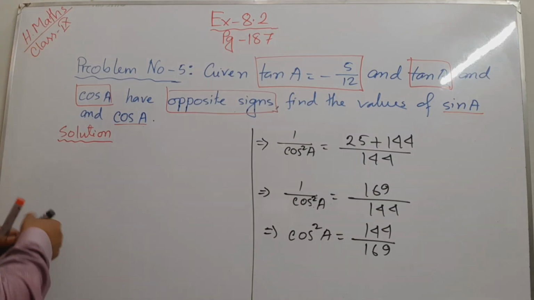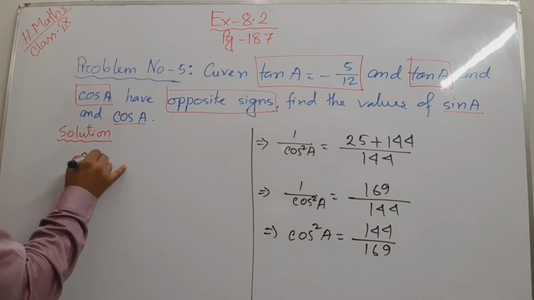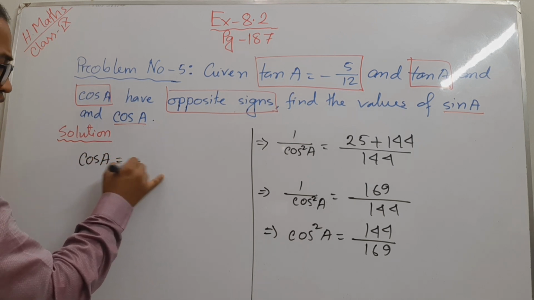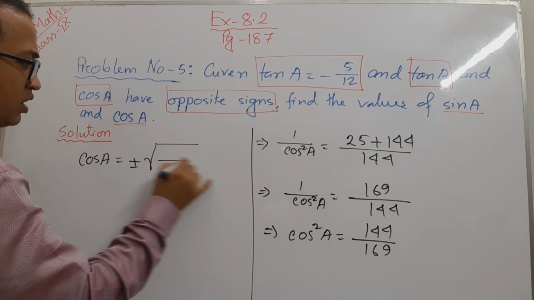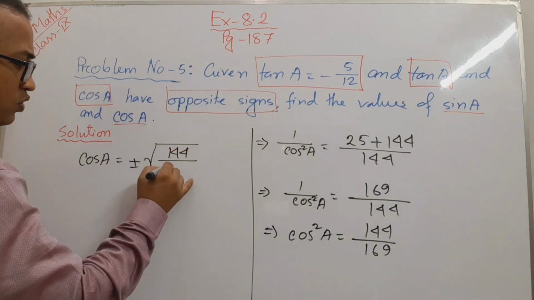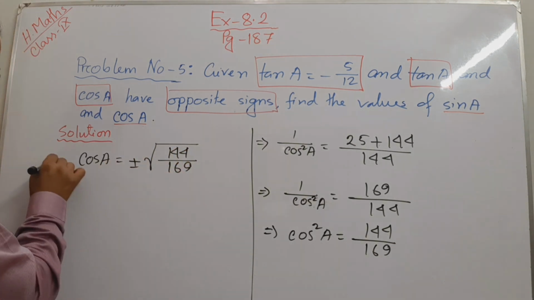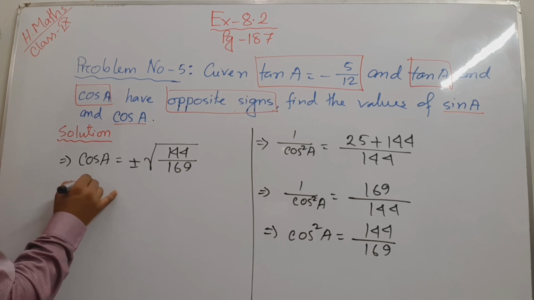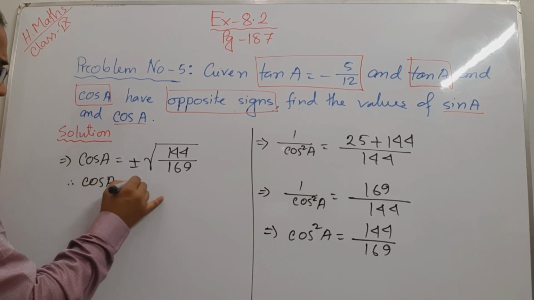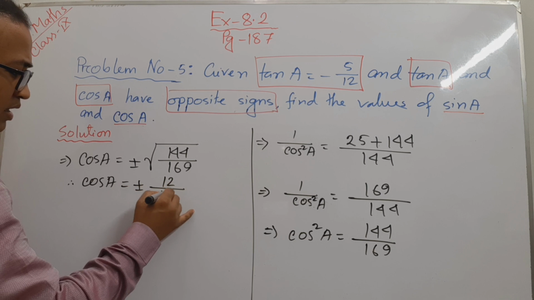Now we will find the value of cos A from cos square A. Cos A is equal to plus minus root over 144 by 169. Therefore, cos A is plus minus 12 by 13.